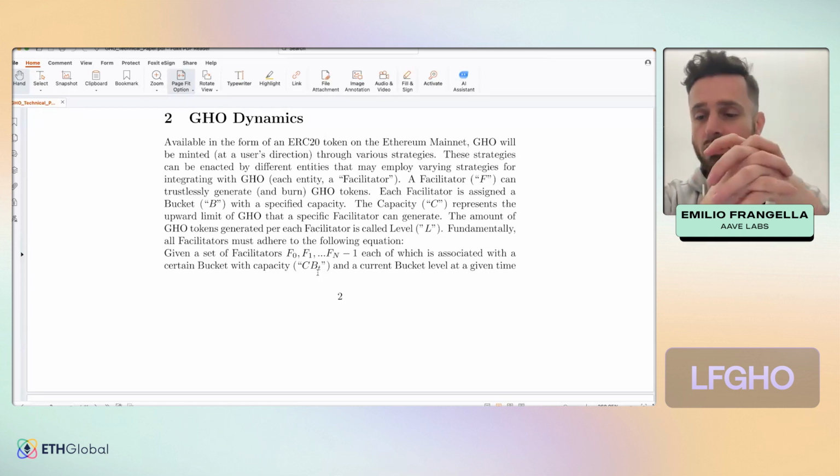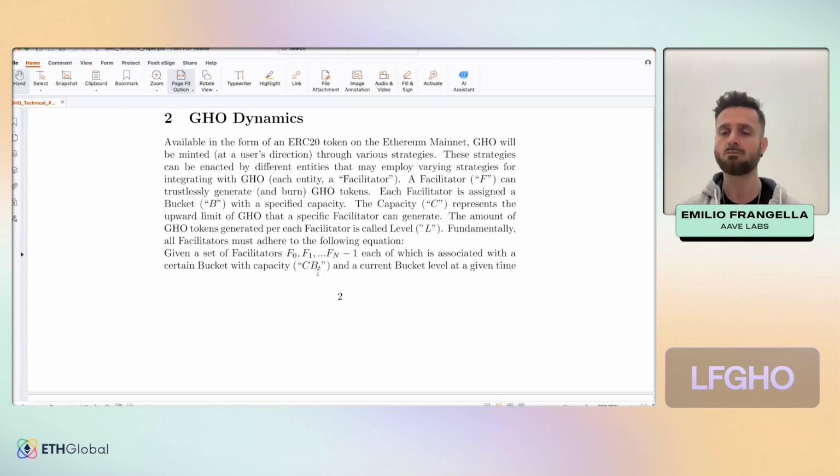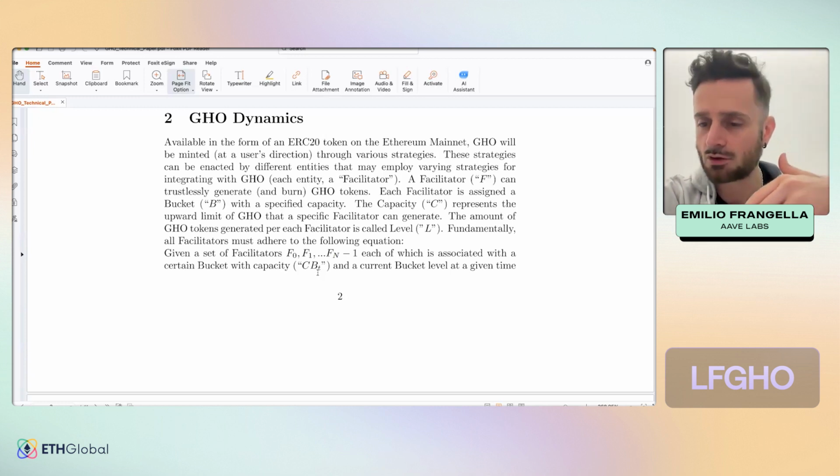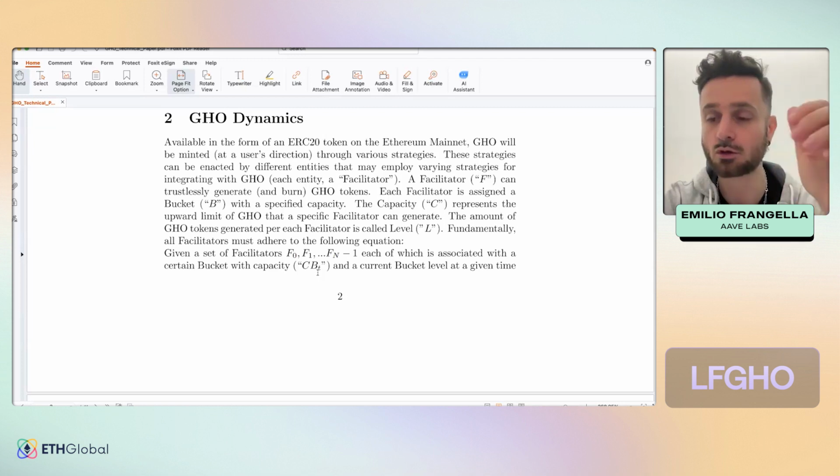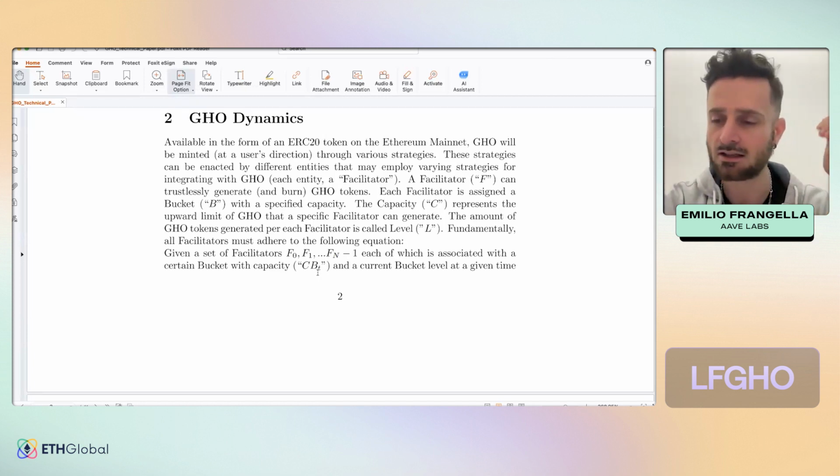So what users typically do is they mint the stablecoin by borrowing on the Aave protocol, for example, to be able to use it to achieve their own goals. So, I don't know, trade on other venues rather than leveraging a certain position.